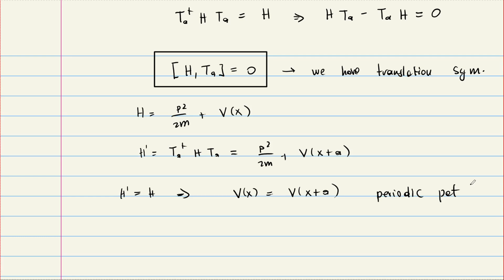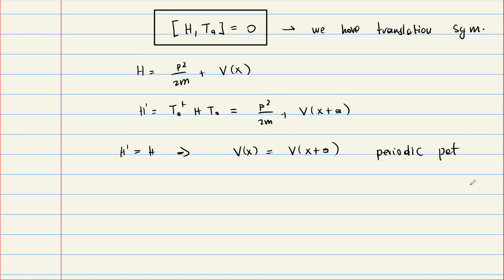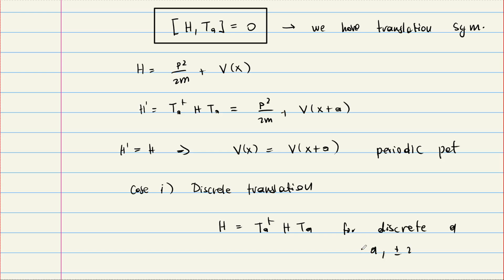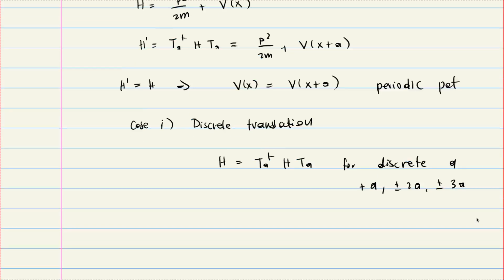And there are two cases that are important technically. Case one, which we considered in the first hour, is discrete translations. In that case, H is equal to T_a dagger H T_a for discrete a, something like plus or minus a, plus or minus 2a, plus or minus 3a, and so on, exactly like what we had in the first hour.